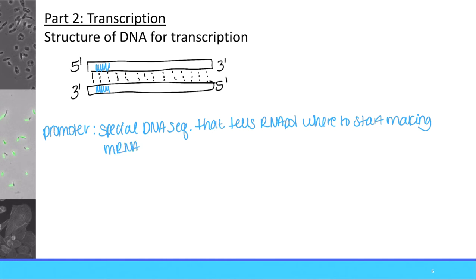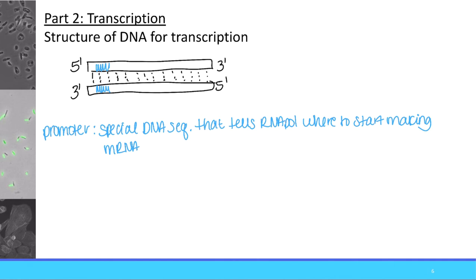Promoters have different DNA sequences. There are specific promoters for specific genes. Usually, not always, many promoters have A's and T's, and for the same reason that origins of replication have A's and T's.